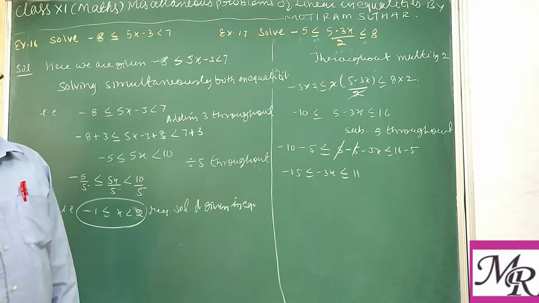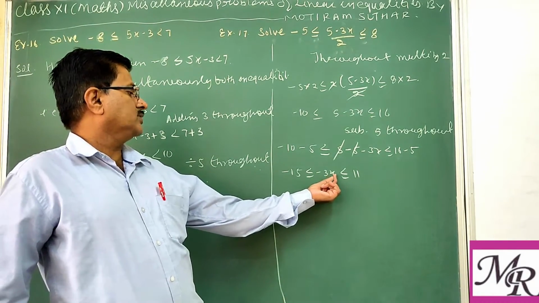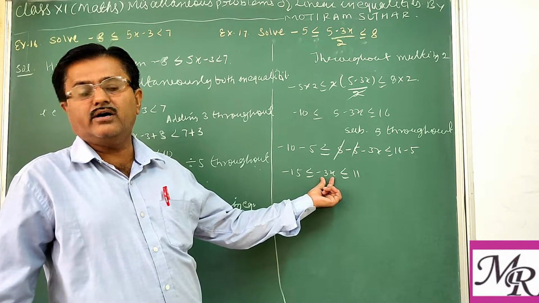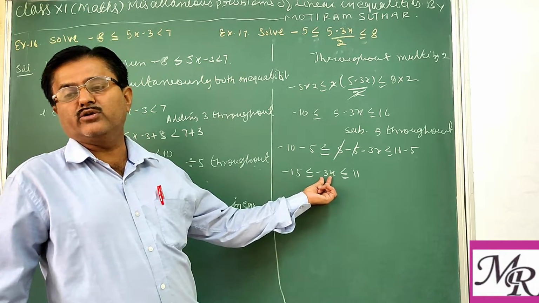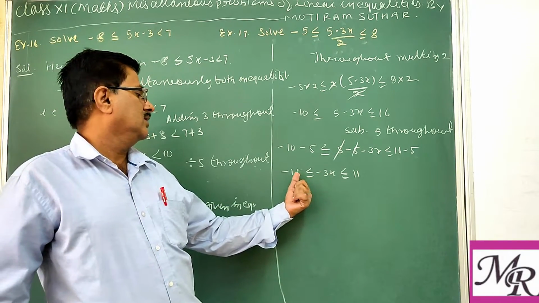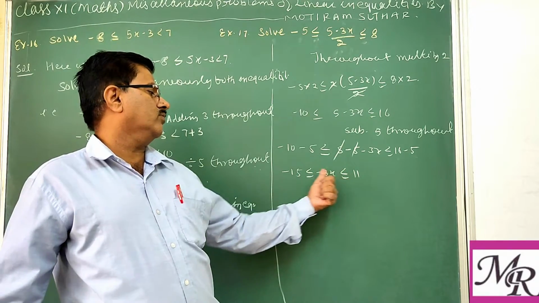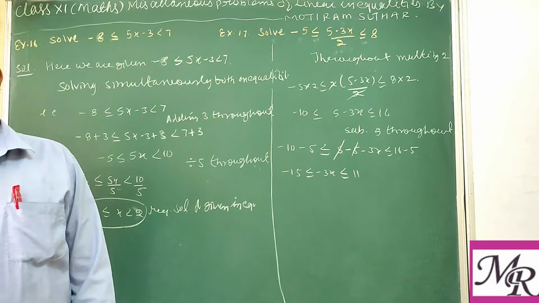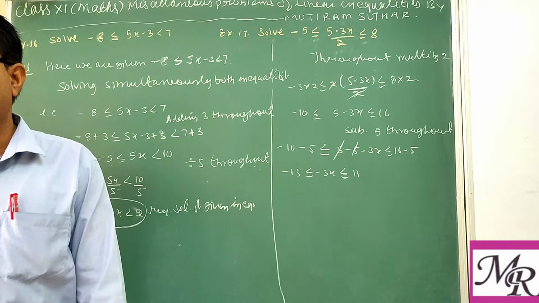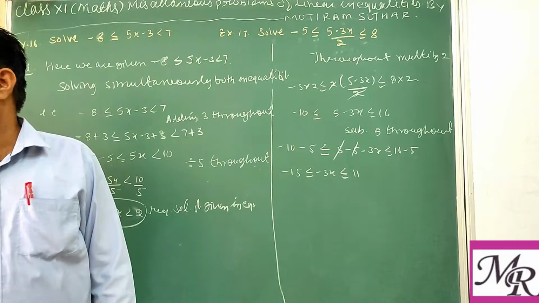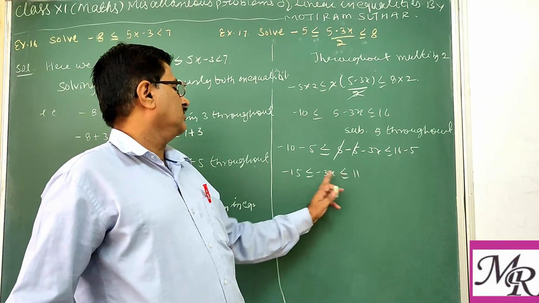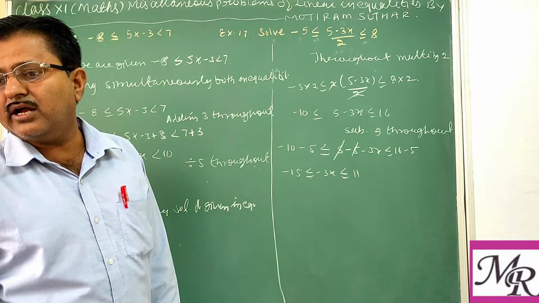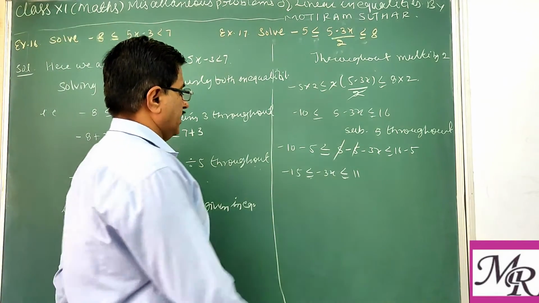Now we have to remove the coefficient of x, that is -3. When we divide an inequality by a negative number, the sign of inequality changes. Whenever you multiply or divide by a negative number, the sign of inequality changes: less than becomes greater than, and greater than becomes less than.